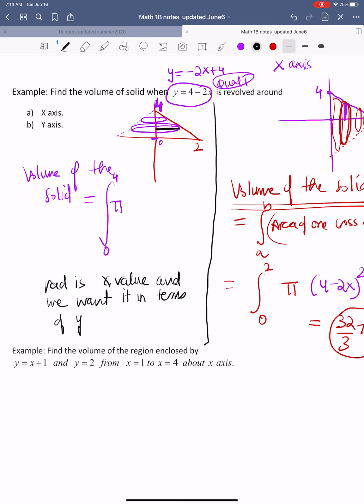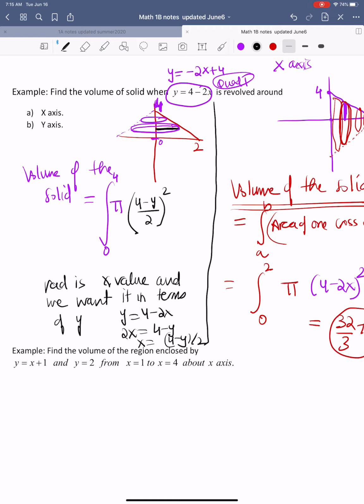Okay, I'm just gonna isolate x. We're given y is equal to 4 minus 2x. I can say 2x is equal to 4 minus y. x equals (4 minus y) divided by 2. Okay, so my radius is ((4 minus y) divided by 2) squared.